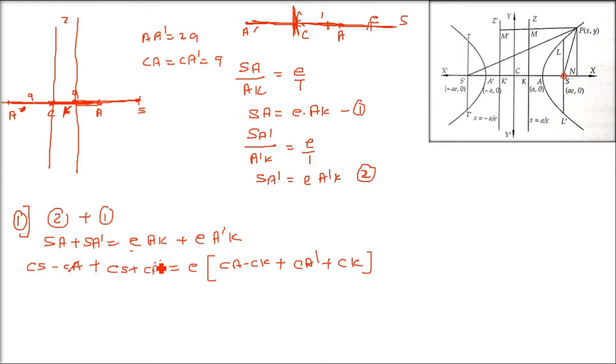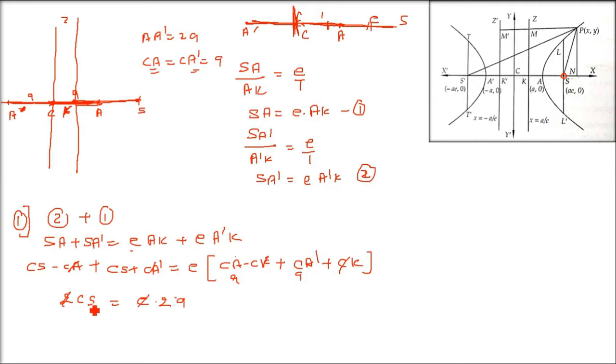Now if you see, CS minus CA, and CS plus CA dash: CA and CA dash are equal, so they get cancelled. Here CK gets cancelled. So you'll get e into CA plus CA dash, which is a plus a, when you add them, 2a.